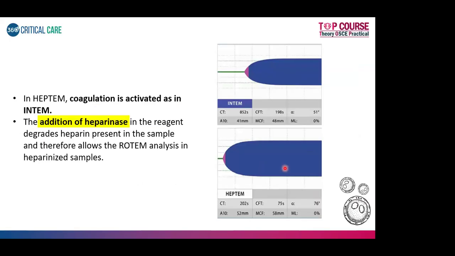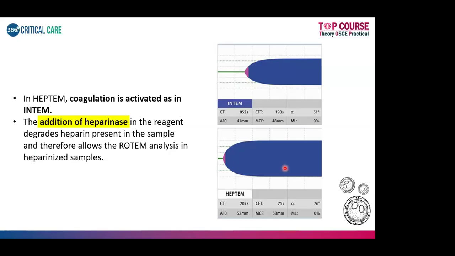In a lot of major surgeries like cardiac surgeries or even transplants, they might use heparin. Even the doses, all of this sometimes goes amiss. Even though you have given protamine for reversal of heparin, you might not know, and the patient might still be bleeding. At that time, first you look at INTEM.